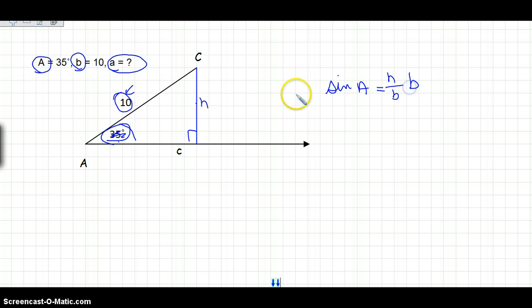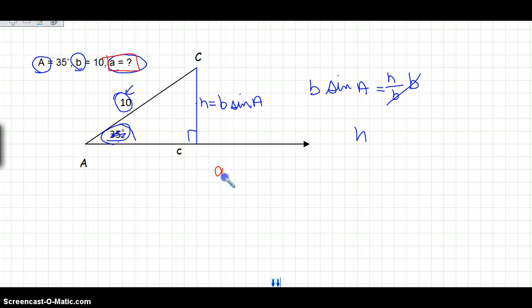And I multiply both sides by B. H ends up being equal to B times the sine of A. And that's what I'm going to make the comparison of little a to.